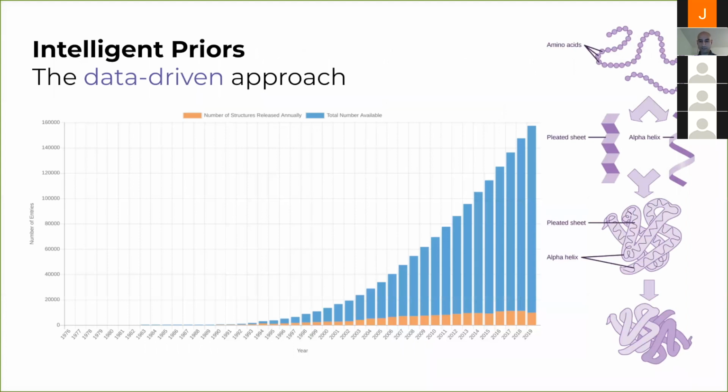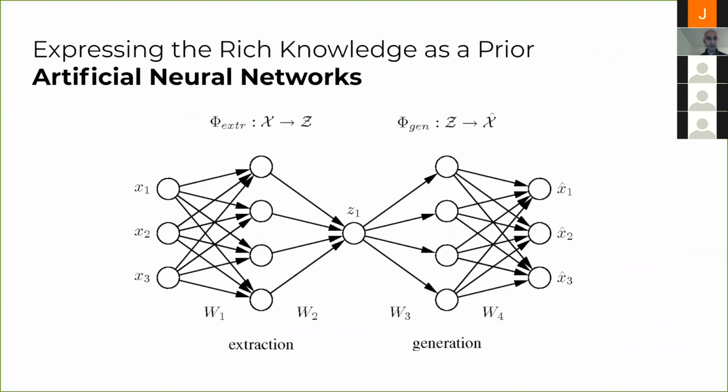We need a much more systematic way of introducing all of this information, as much as possible, into our reconstruction. So how do we do that? So far, it's been pretty difficult to bring this amount of information into something like a reconstruction. But recently, neural networks, in particular convolutional neural networks, have become very, very famous.